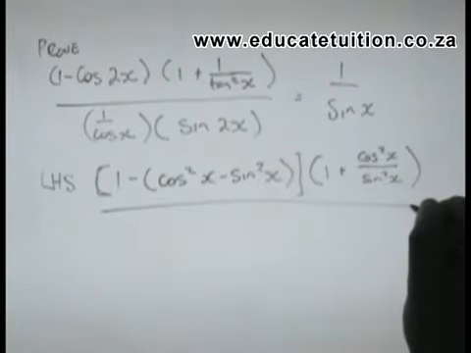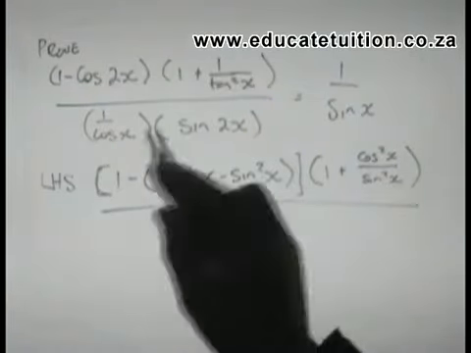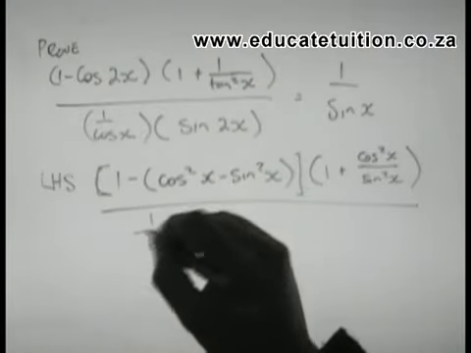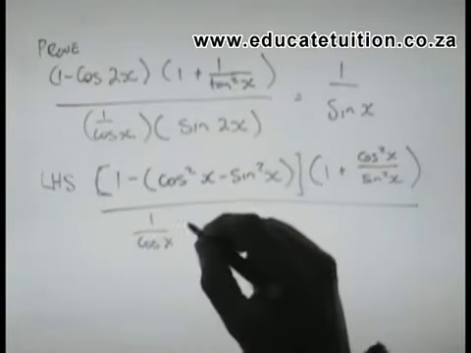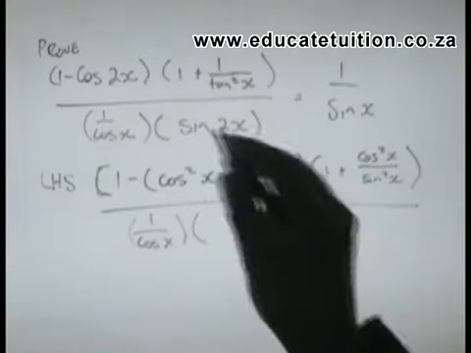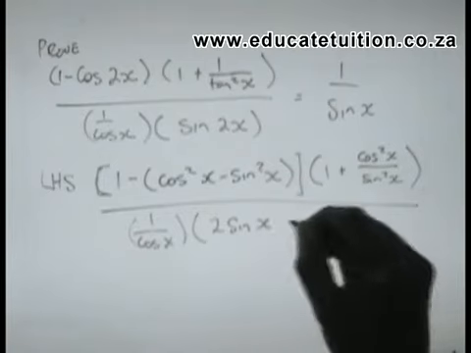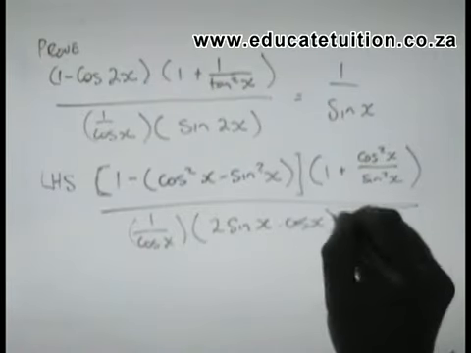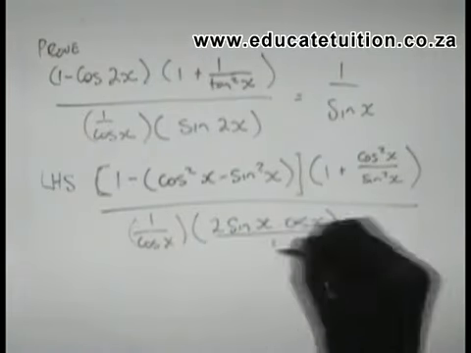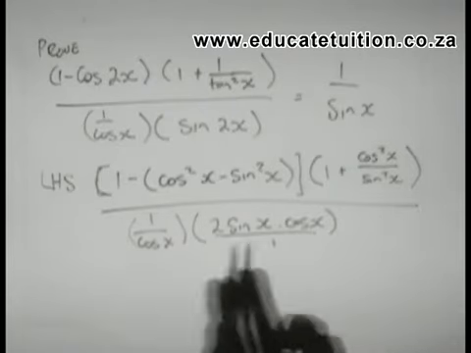It's all of that divided by 1 over cos x, let's leave it for now as 1 over cos x, multiplied by sine 2x, which is equal to 2 sine x times cos x, and that's over 1. The reason I'm doing that is because it's multiplied by that.